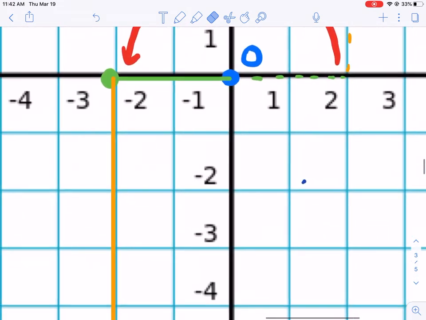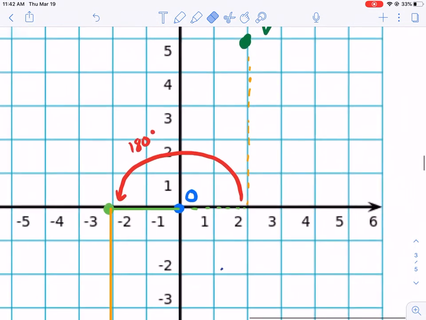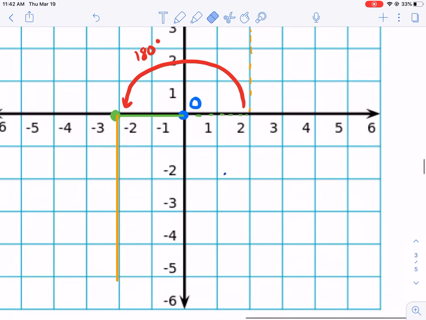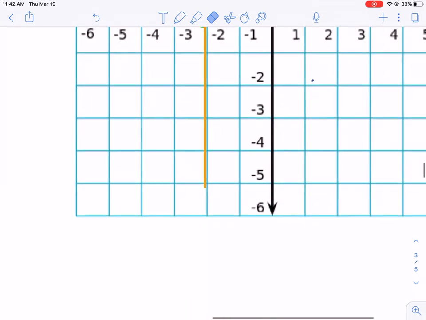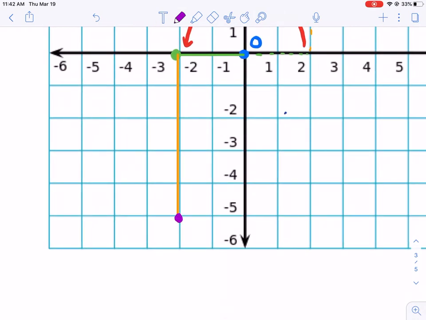So as I look around this way, it still needs to be to the left of the green line. So I rotate it, and this point V maintains its relation to the end of this. So this is now the location of V prime.